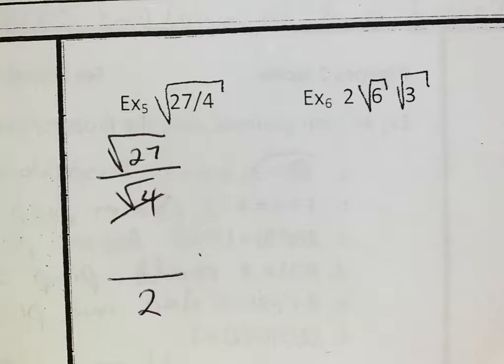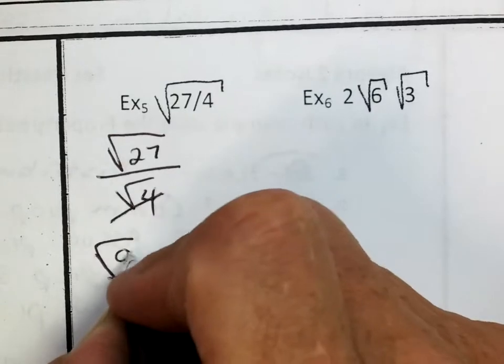And what about 27? That's a bad number. That's an irrational number. What do you think? Savannah, how about 9? Why are 9 and 3 such a good combination? Right, 9 times 3.